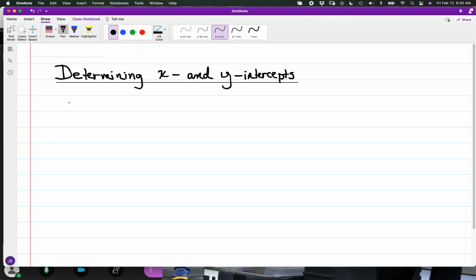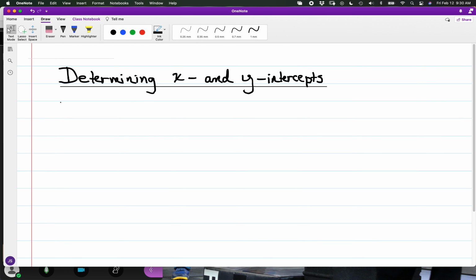And we have, by definition, for the x and y intercepts, the definitions here.